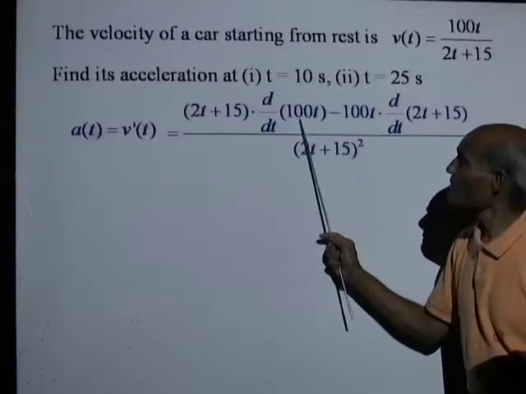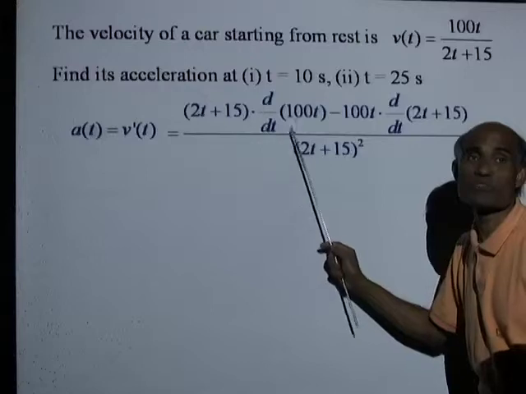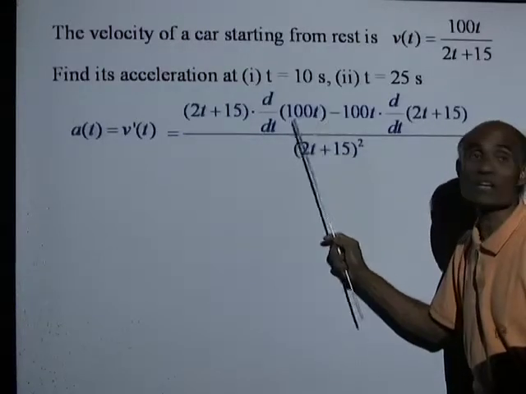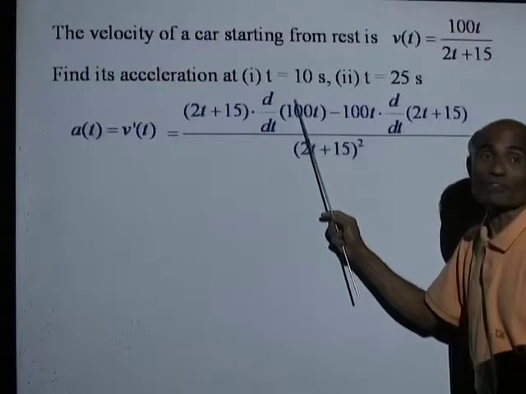Okay, help me simplify this. The derivative of 100t with respect to t is 100, is that right?